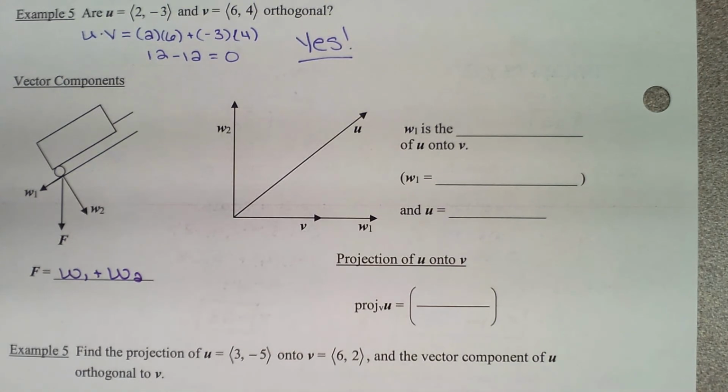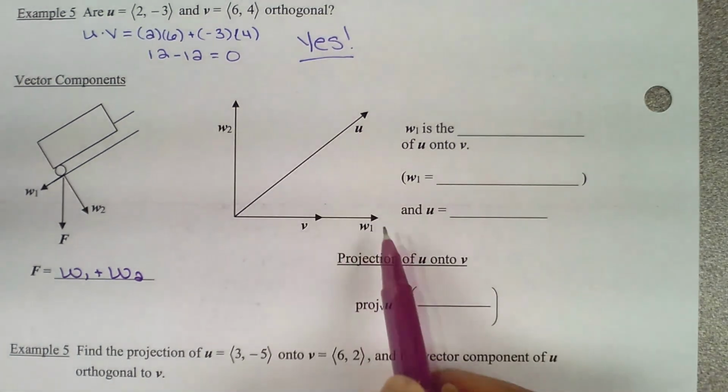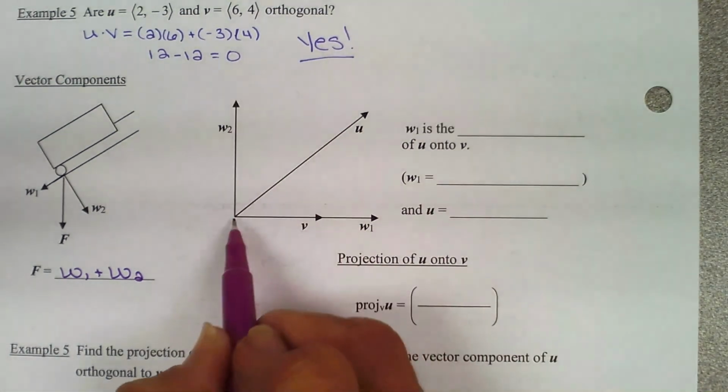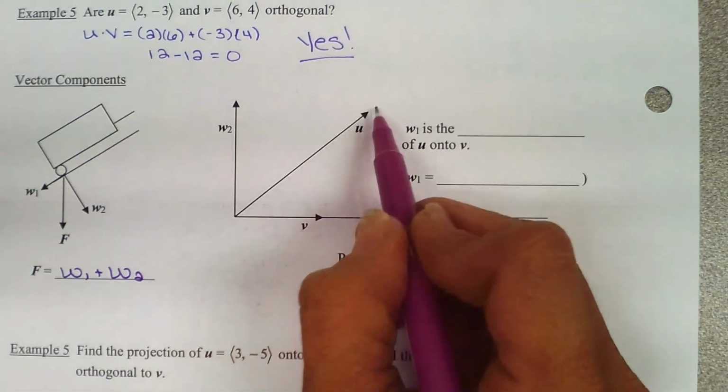And what this is, which is kind of involved with what we were doing here, but we're going to word it more like what we have in example 5 and not so much word problems with force and work and things like that. So if we have these vectors here, I have a vector v and a vector u.